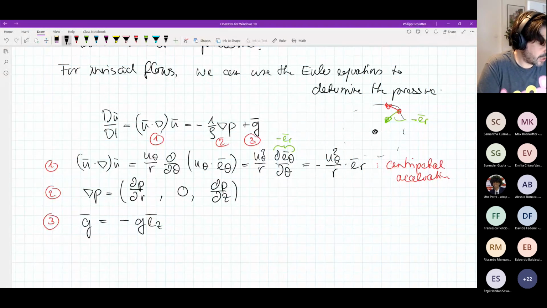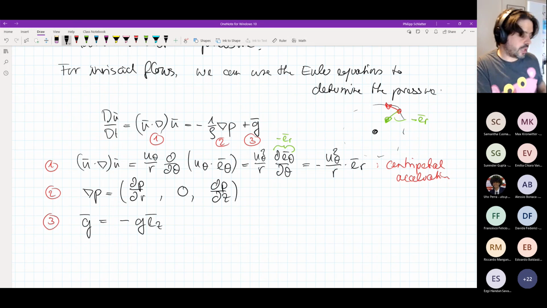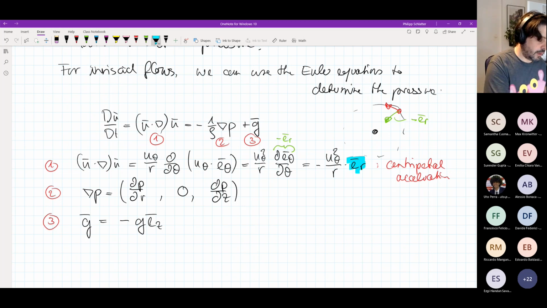Yeah, so now we actually have our Euler equation, and already now, if you look at it, we can see that in the ER direction, so the radial direction, we have a balance between u theta squared divided by r and the pressure gradient in the radial direction.